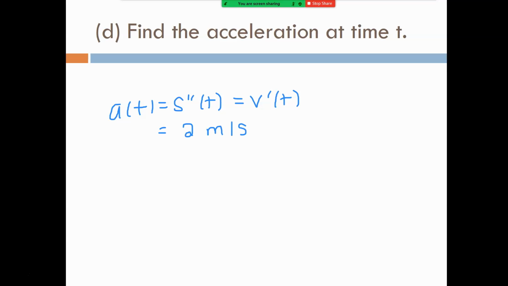Find the acceleration. So a of t is like finding the second derivative of position, or simply finding the derivative of velocity. And in this case, it is 2 meters per second squared.